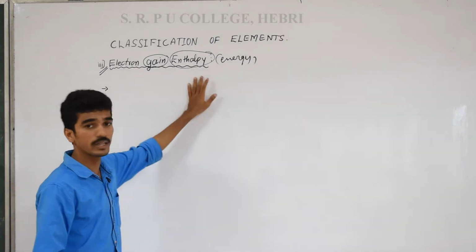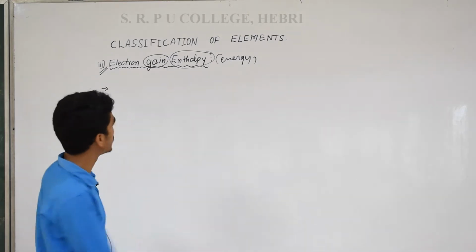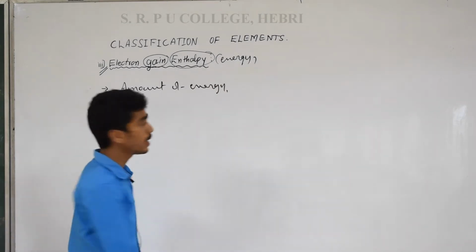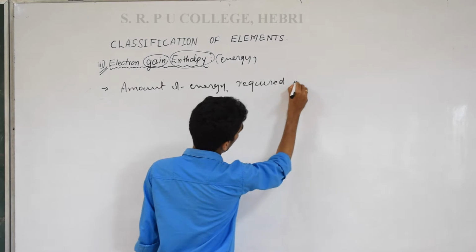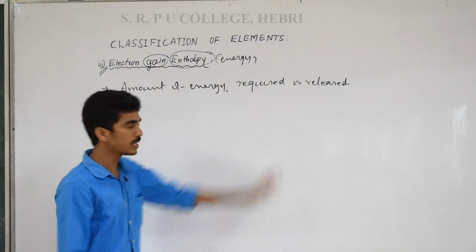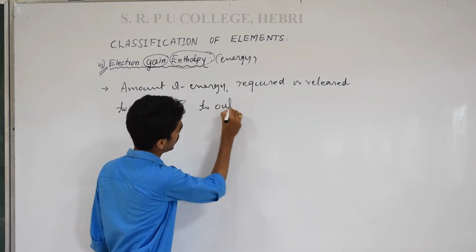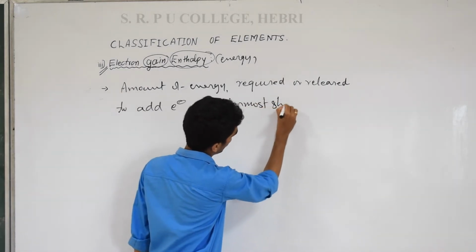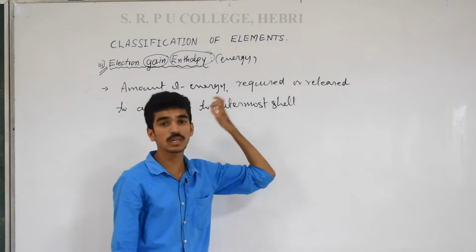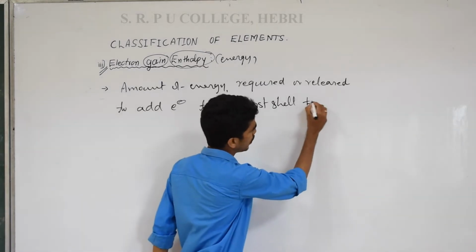What is the definition of electron gain enthalpy? We can define it in terms of energy: the amount of energy required or released to add an electron to the outermost shell or valence shell of a neutral gaseous atom.